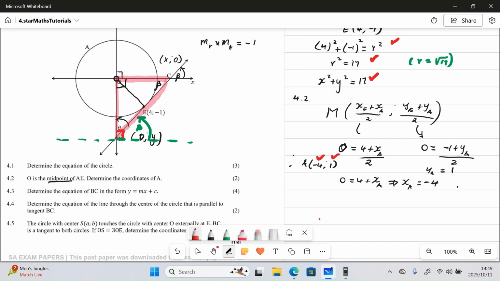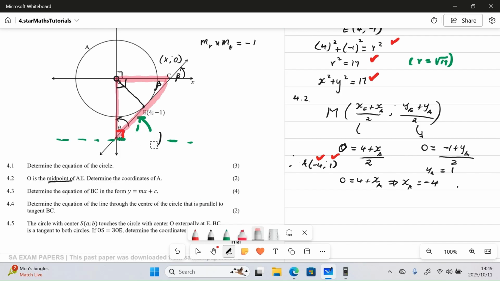Determine the equation of BC in the form of y equals. Let's check where is B, where is C. BC. Okay, BC. They are looking for the equation.